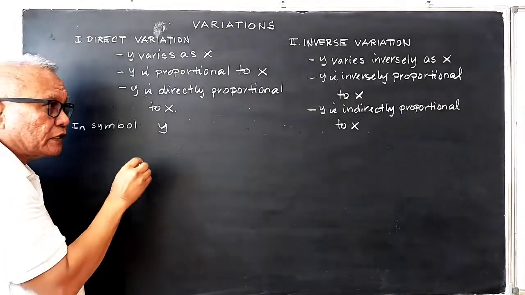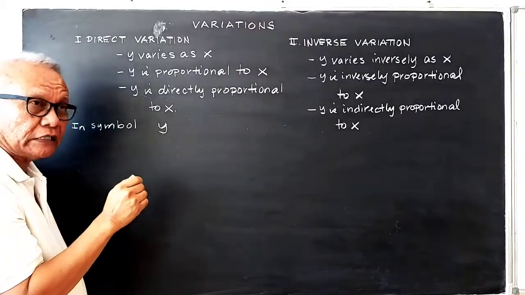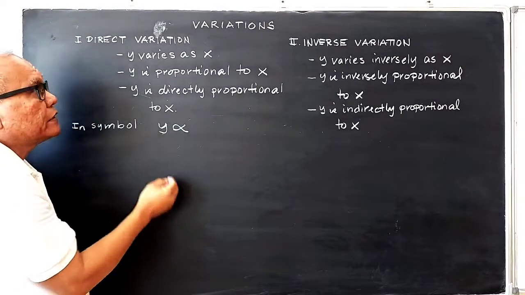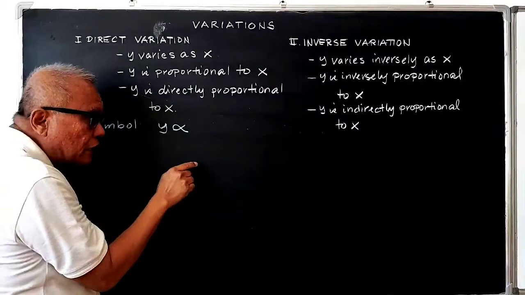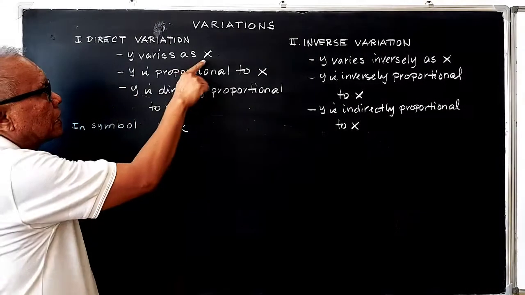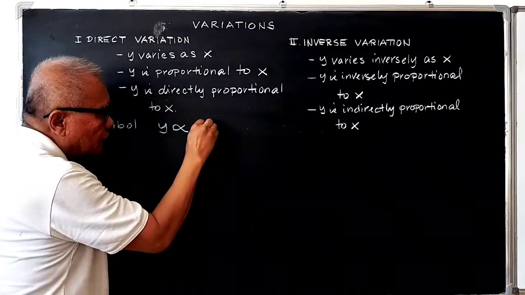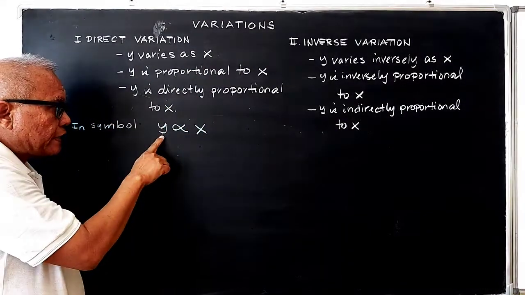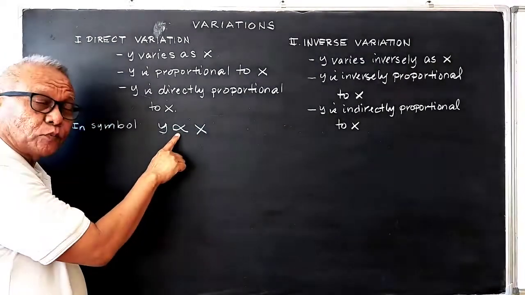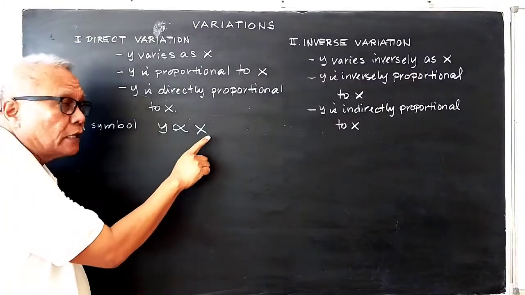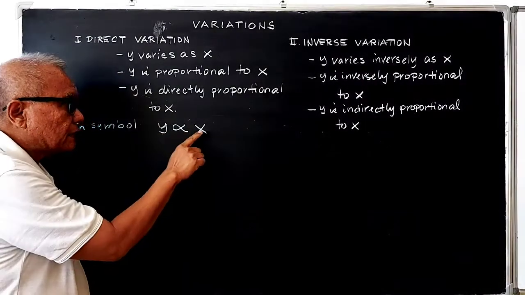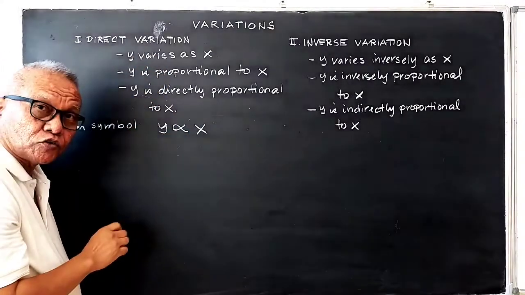The symbol for varies, whether that is direct or indirect, is the symbol. And then if it is direct, then we write here the last letter, x. So we have here in the symbol: y varies as x. Y is directly proportional to x. Y is proportional to x. This is in symbol, the direct variation.